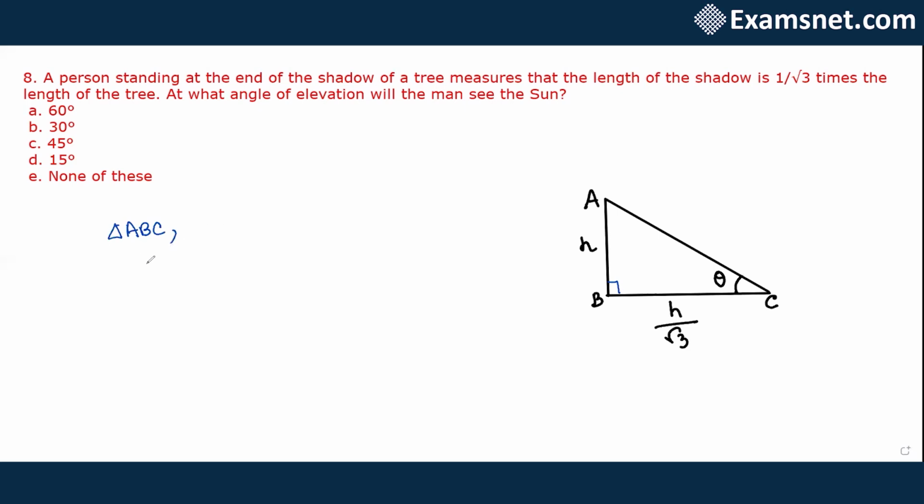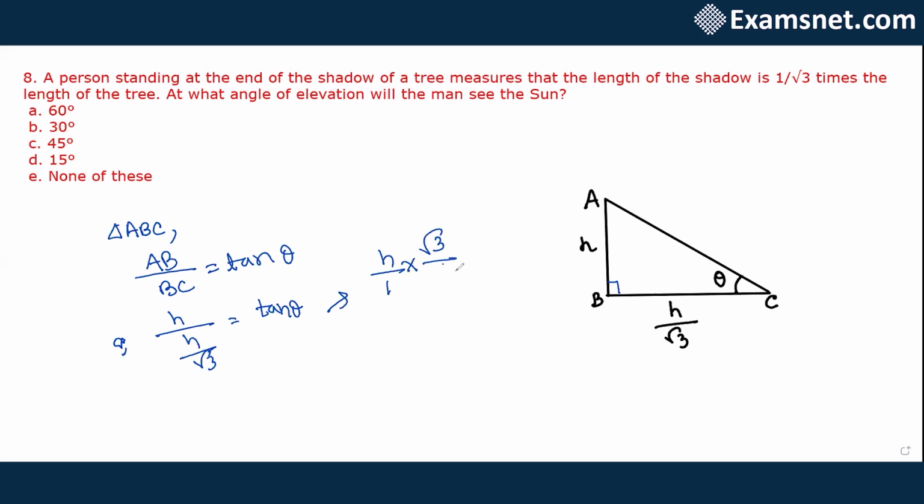So from triangle ABC, we can write AB by BC equals tan theta. Now let's put the values: AB is H, BC is H by root 3. So we can write H by H by root 3 as tan theta. Both H got cancelled. So tan theta equals root 3.